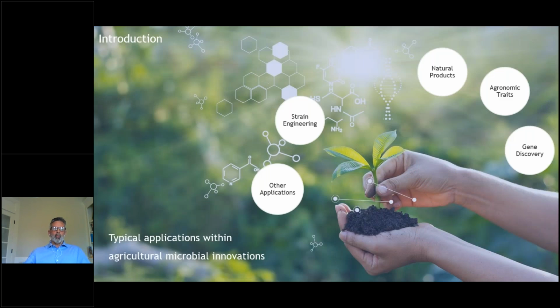So let's bring it closer to home for those that are participating in the webinar. In the agricultural sciences space, you might be working in the spaces of, just as examples, strain engineering, agronomic traits, gene discovery, perhaps biologicals for seed treatment.